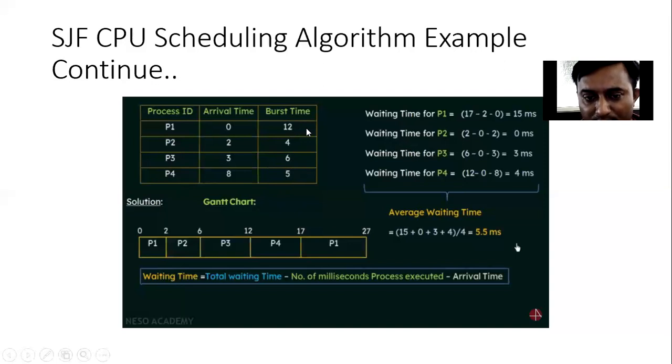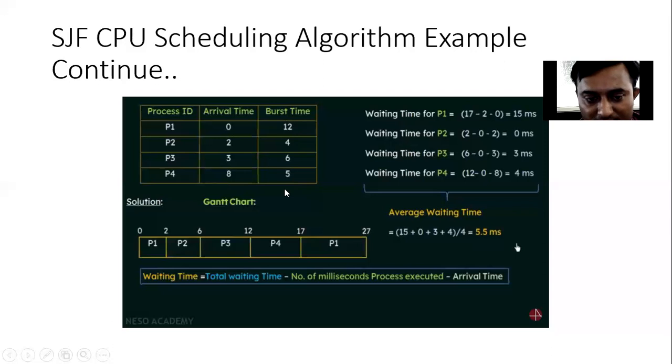So the remaining burst time of the P1 process is 10, and the burst time of P4 is what? 5. So definitely P4 will be executed first as compared to P1, because it is shortest in terms of burst time.